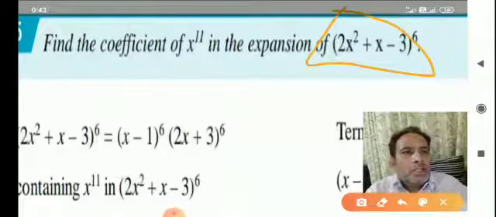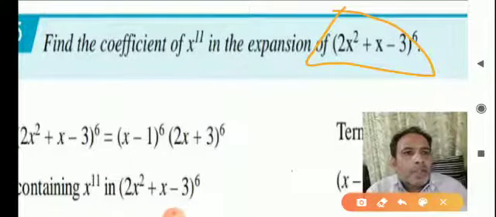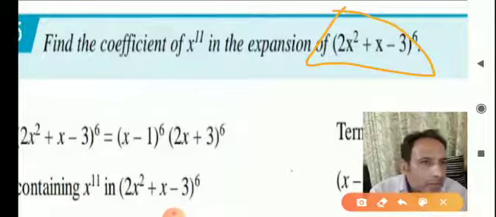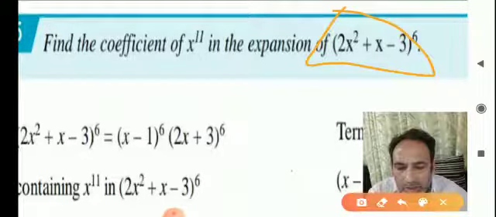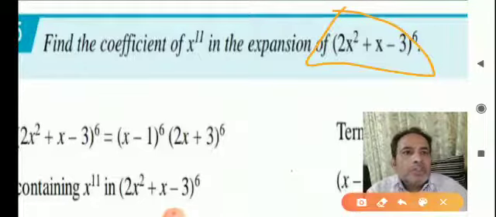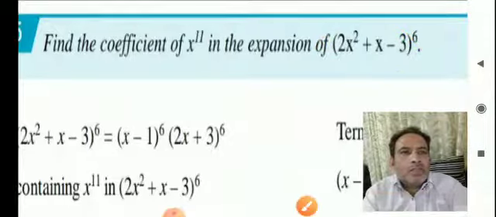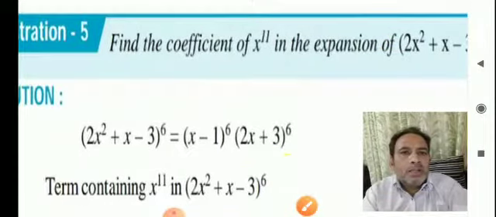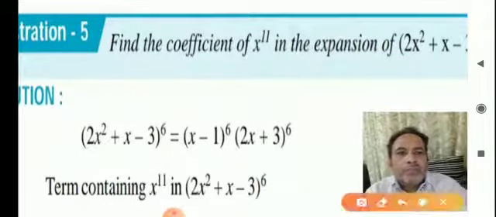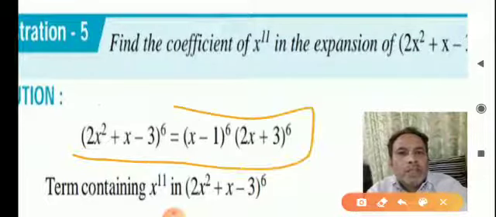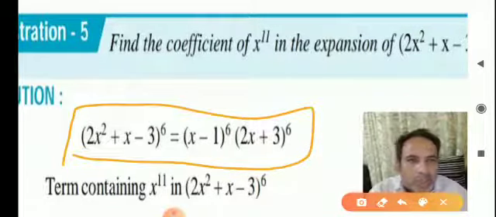Here you can factorize it and make a set of two different binomials. If you factorize 2x square plus x minus 3, you will get x minus 1 into 2x plus 3.